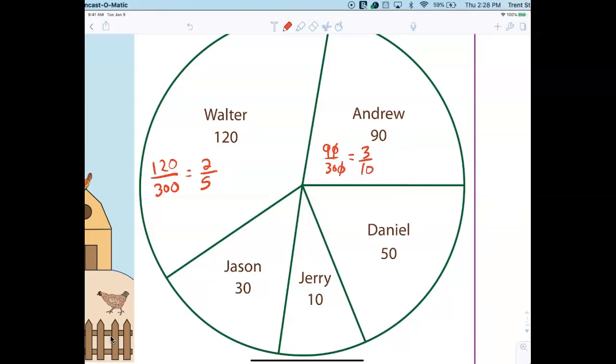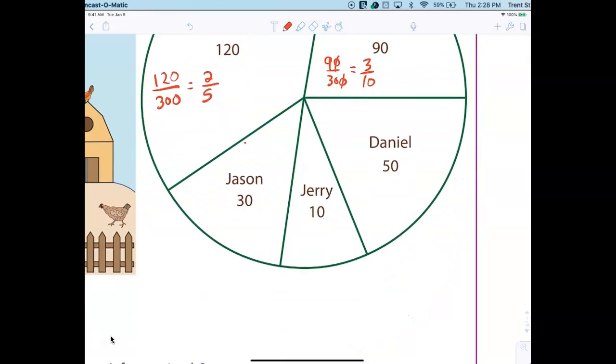And now, Jason. What's Jason's fraction? 30 over 300. And then that reduces to what? One over, yes, thank you, 1 over 10.